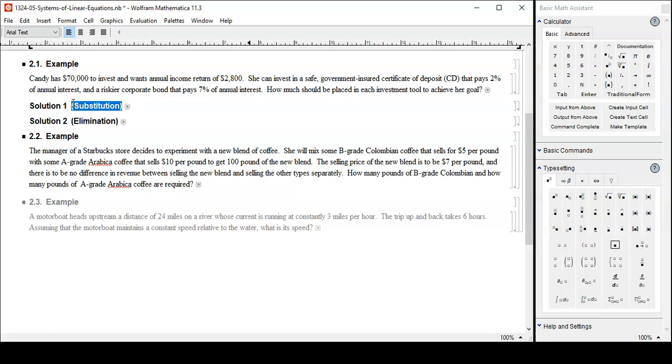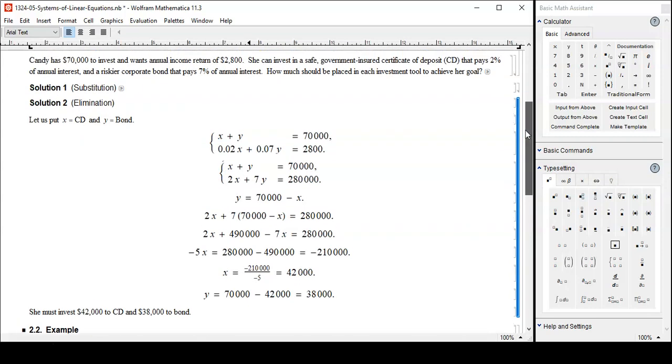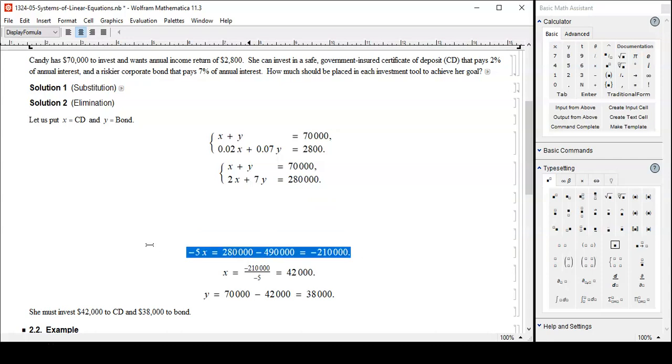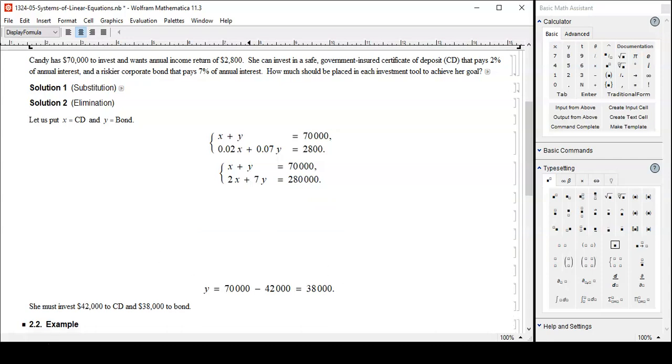Okay, the substitution method was more standard, but yes, you can consider elimination. Same setup, same equation, but instead of solving for one variable, we do some further manipulation.